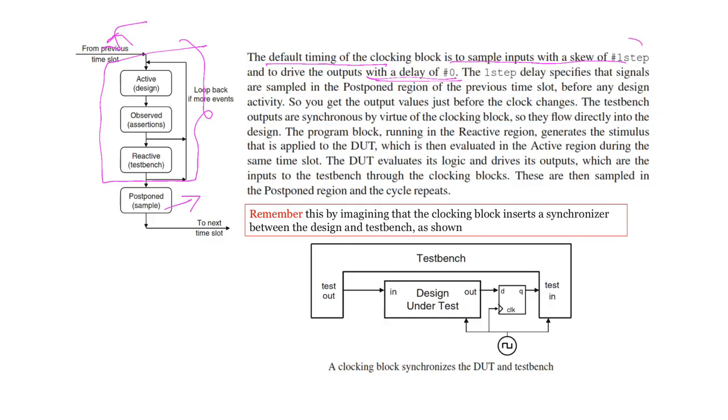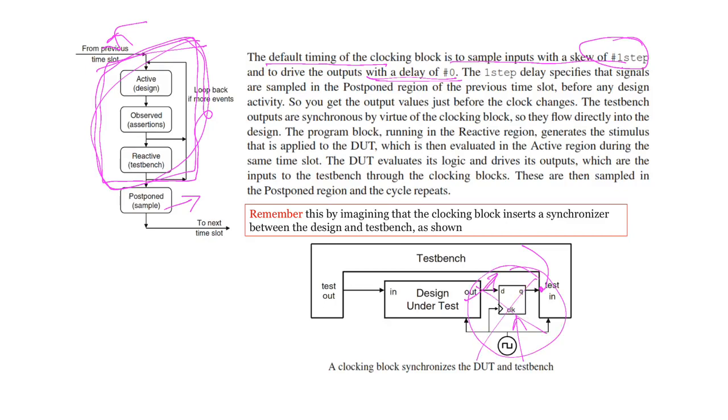So this one step, you can think of how much time it is. The one step means it has to wait for some time. The outputs of DUT are going to be sampled after some time. Whenever there is sampling after one step, you can think you are adding a D flip-flop between the output to be sampled and the actual output of the module.